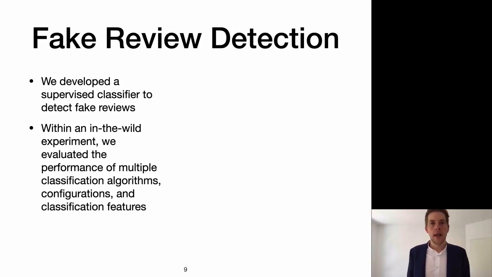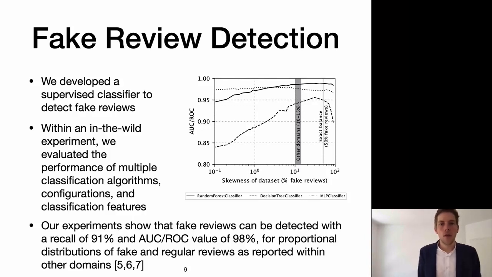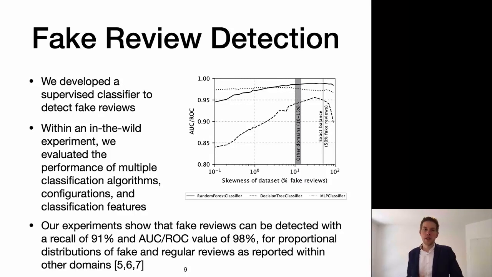To come up with meaningful results, we also took a look at research on fake reviews in other domains, and these typically report a proportional distribution of 10 to 15% fake reviews. For this distribution, we achieved quite promising results, and we were able to identify fake reviews with a recall of 91% and an AUC value of 98%.